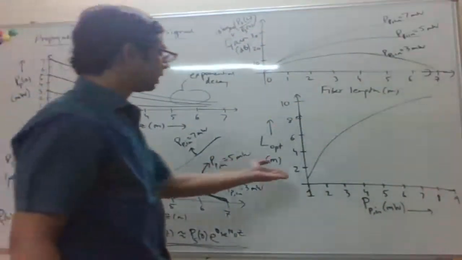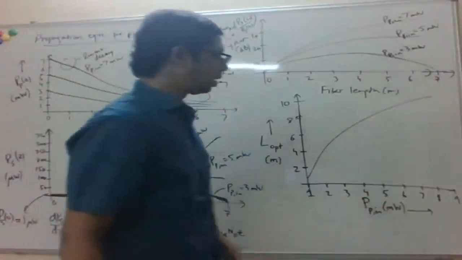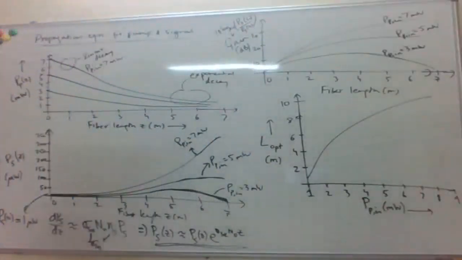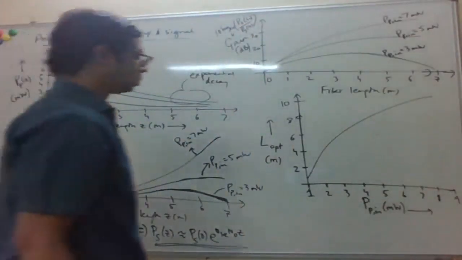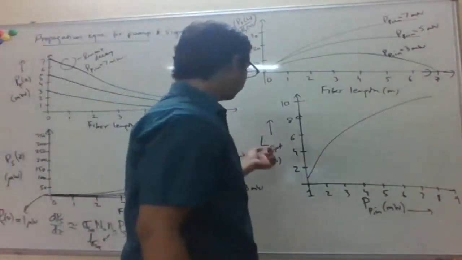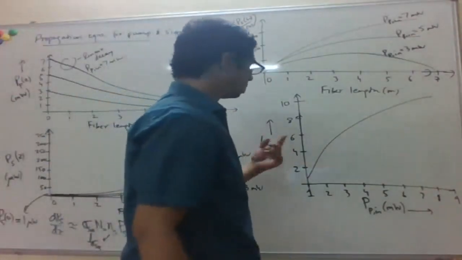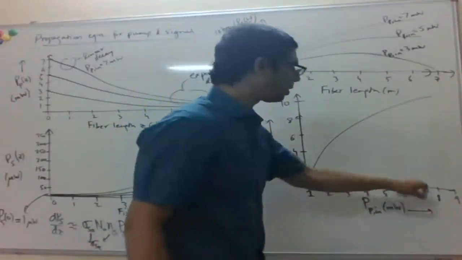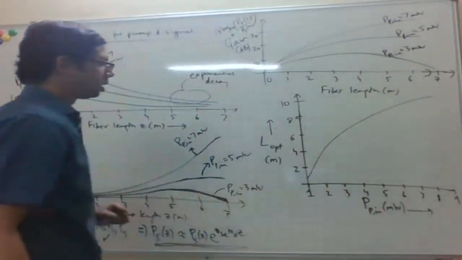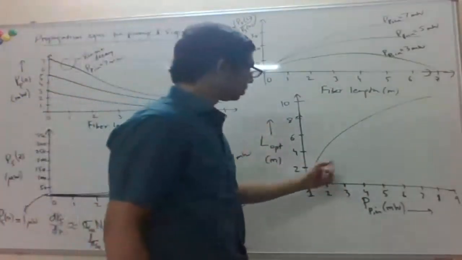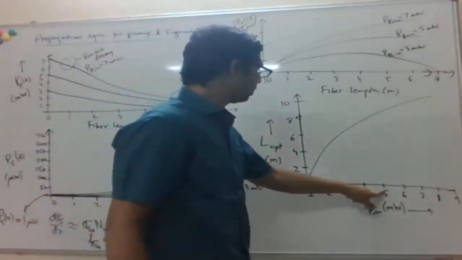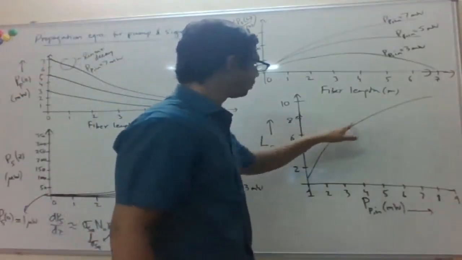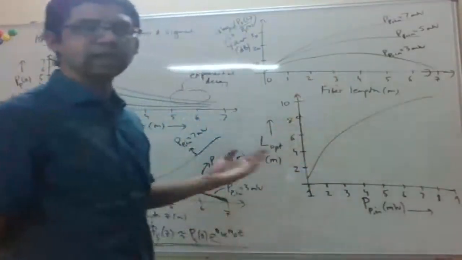So the optimum length of the fiber increases with input pump power. So I have to choose the length of this erbium-doped fiber appropriately given what input pump power I'm using. For 5 milliwatts, it's about 7 meters. If I use a longer length, then the gain reduces.